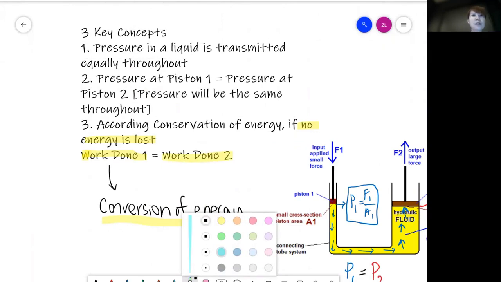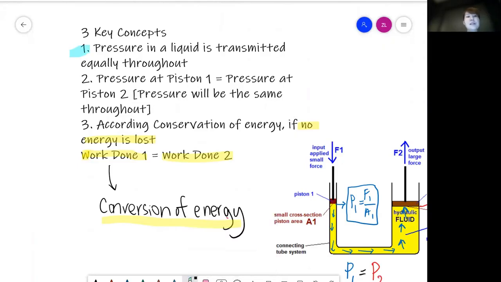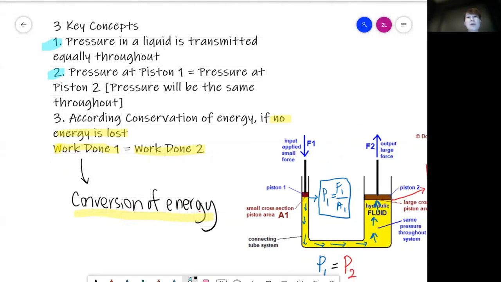The first key concept is that pressure is transmitted equally throughout because the molecules in a liquid are packed closely together. Because the liquid molecules are packed closely together, whatever pressure is applied in any part of the liquid will be transmitted equally throughout. This allows us to know that the pressure at piston 1 will be equal to the pressure at piston 2.